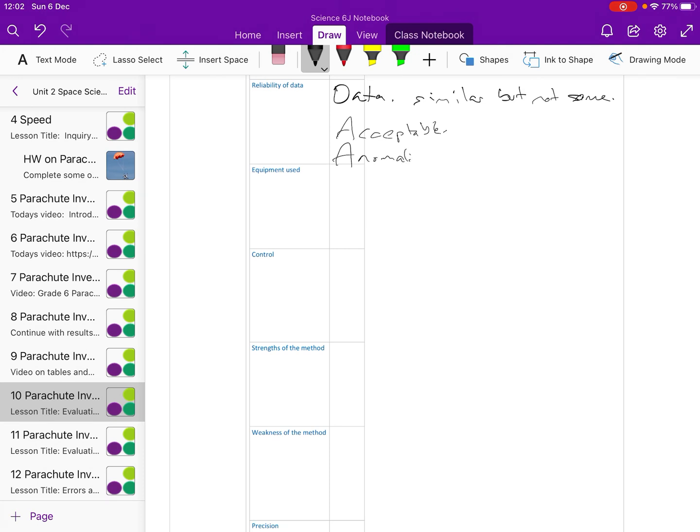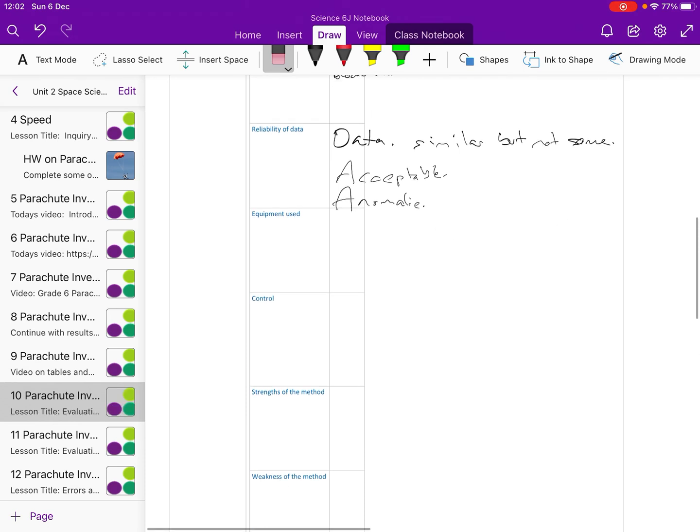So an anomaly is where, let's say you got 3.10 as one timing, 3.12, and then you got 7.45, right? Clearly, this one is an anomaly. It's a mistake, and so you're probably just going to ignore it when you did your calculations. I don't remember seeing any anomalies, but there might have been.